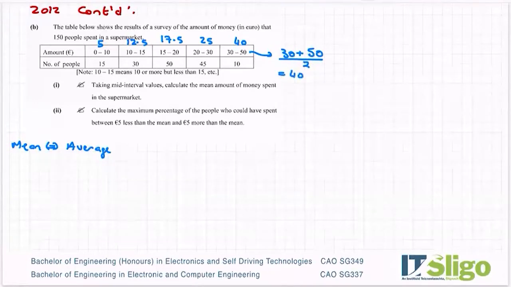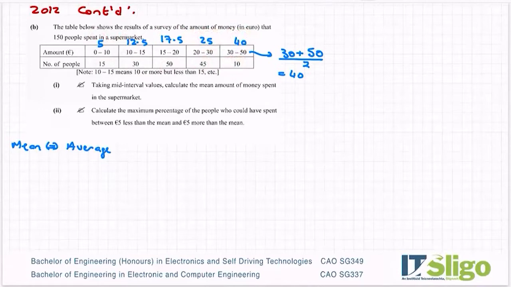Okay, in this one you could have gone 15 plus 20 divided by 2, and that will always give you your mid-interval values. So I have 15 people that spent €5 or about €5, 30 people that spent €12.5, 50 that spent 17.5, 45 that spent 25, and 10 that spent 40.